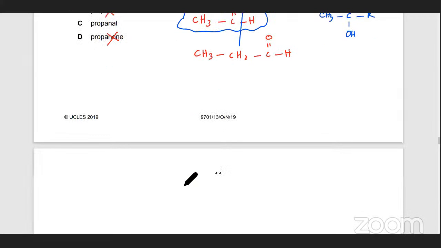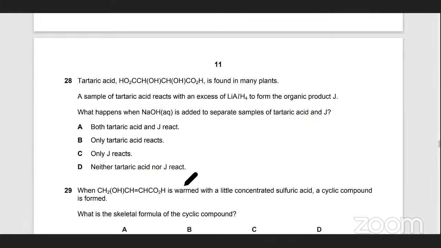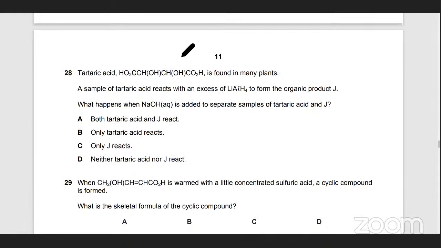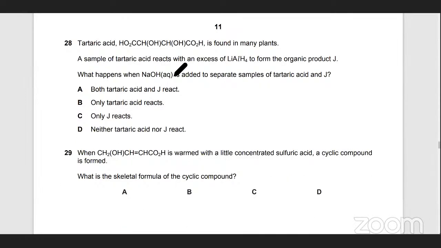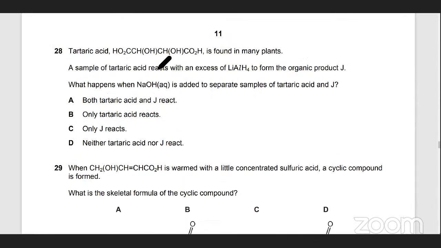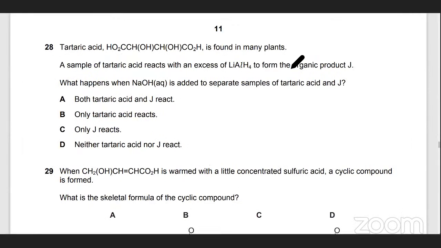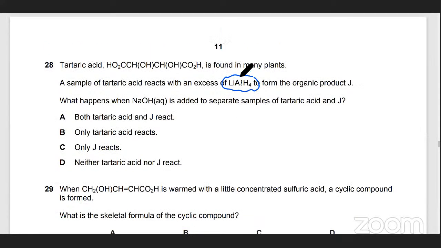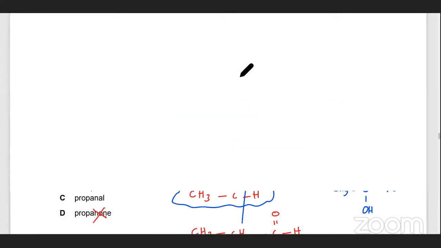So the next one is this tartaric acid. It's a big molecule, and it's found in many plants. A sample of tartaric acid reacts with excess LiAlH4 to form. So this is undergoing reduction. So that's a reducing agent. And remember, LiAlH4 can reduce almost anything. It's a powerful reducing agent.